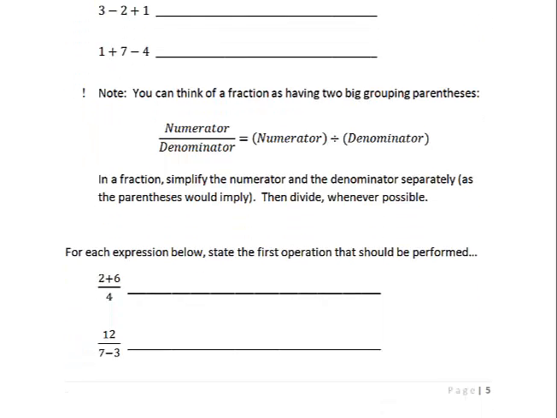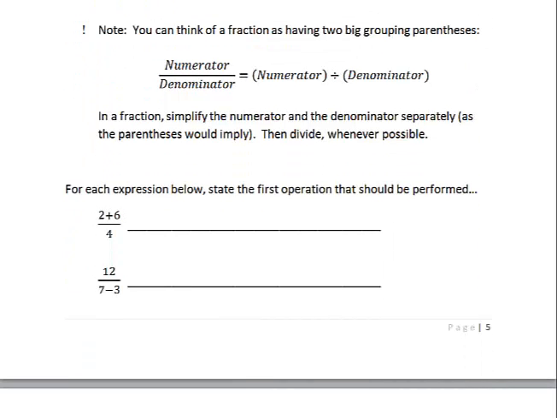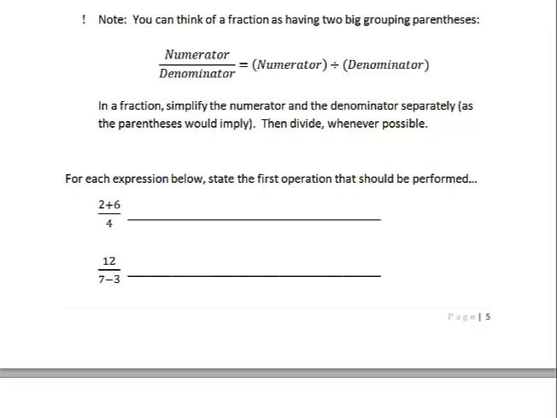There are hardly any rules in this world that we can make that don't have exceptions, and here is one regarding division. One way to write division is with a fraction.